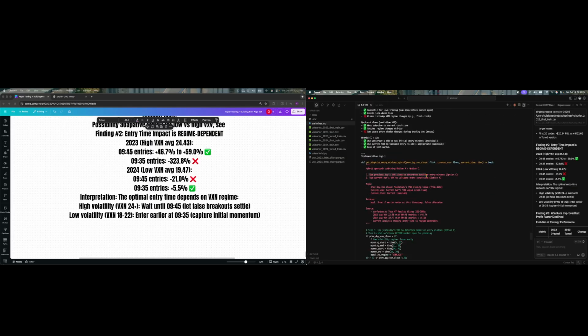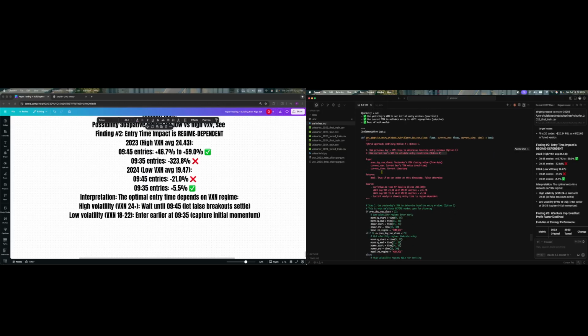Use the previous VXN to determine the baseline entry, then use the current VXN to validate the entry condition. The previous VXN and the current one are just an example so we can see it and understand it. It returns a bool, true if the timestamp is allowed.